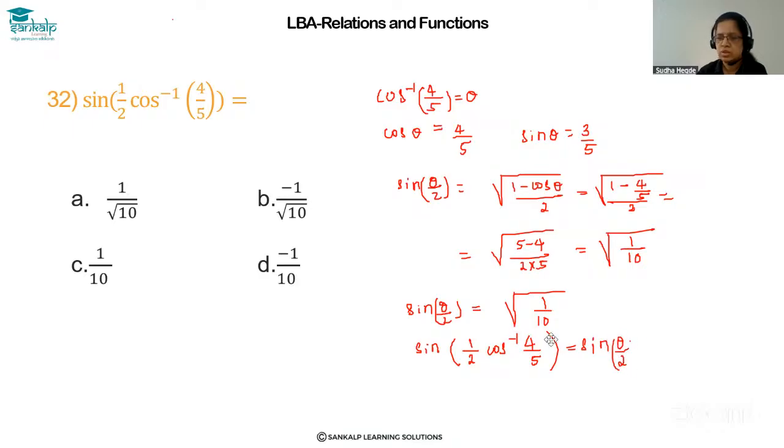So sin theta by 2 is equal to root 1 by 10, or you can write that as 1 by root 10 also. Both are same. So sin theta by 2 is equal to given expression. Therefore, given expression reduces to 1 by root 10. So option A, 1 by root 10 is the correct answer. Got it right? Thank you.